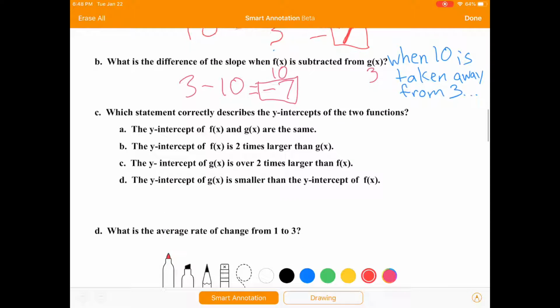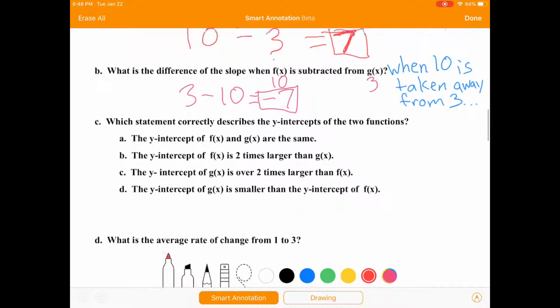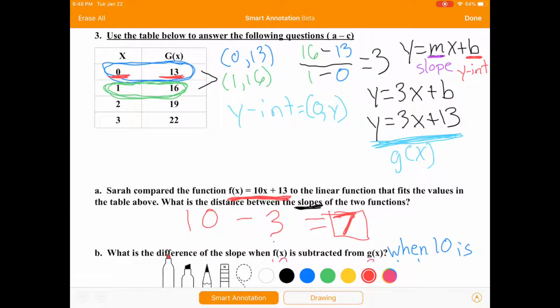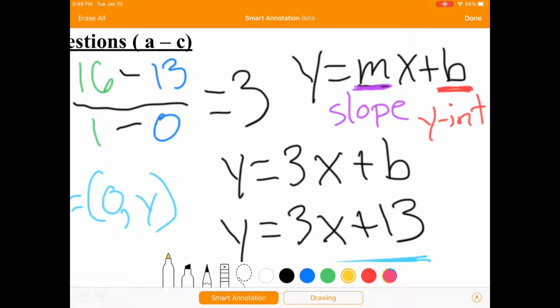Now going up. For C, which statement correctly describes the y-intercepts of the two functions? So we're looking at our value that has nothing to do with the x. The one that will be by itself in the formula.